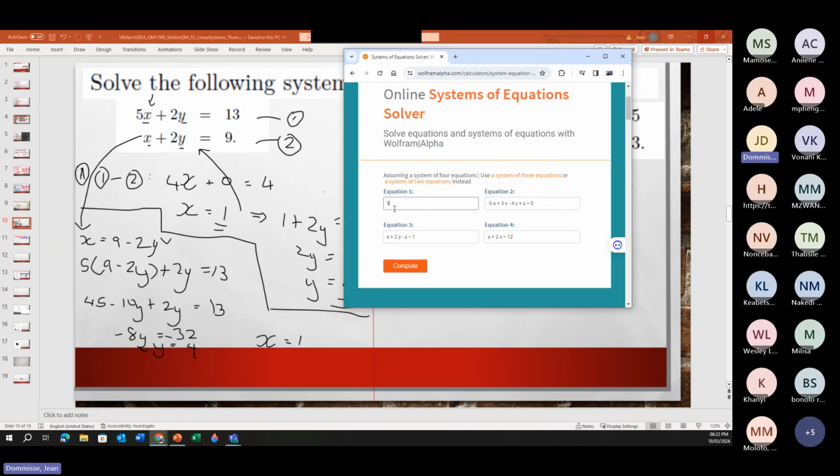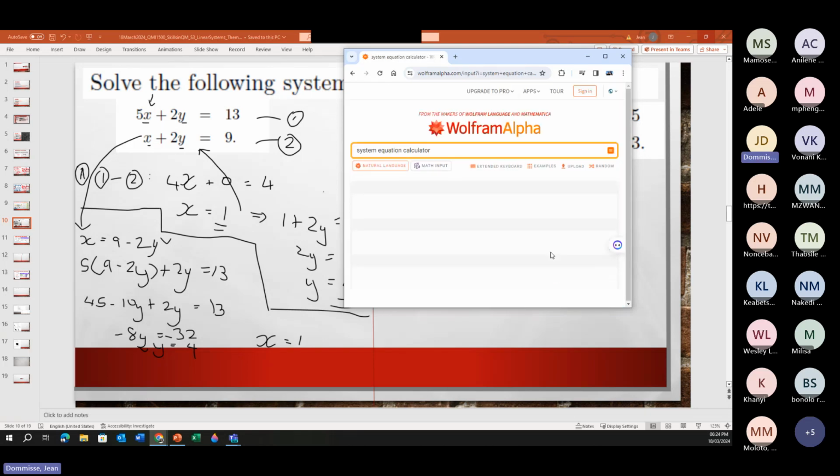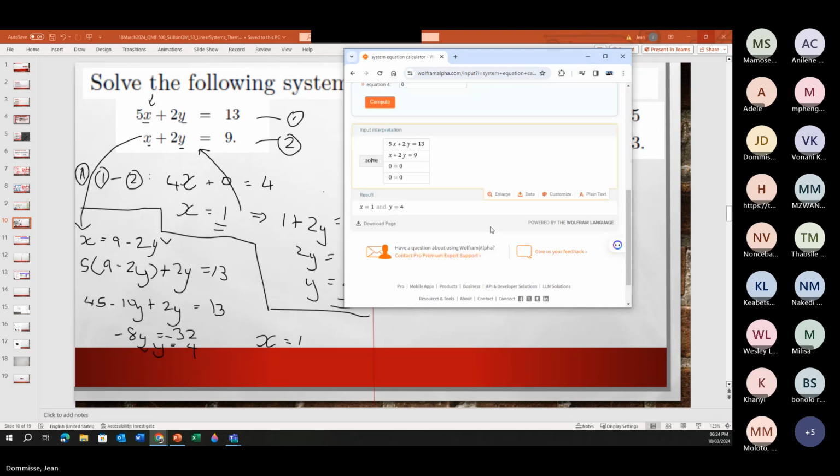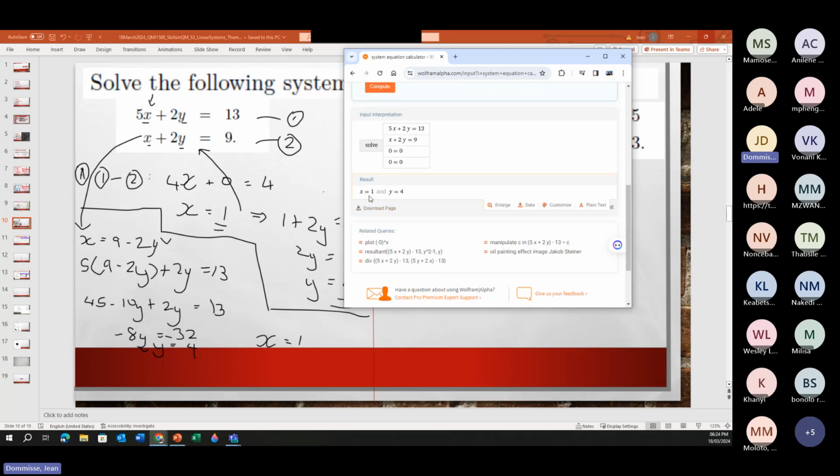So we could have had 5x plus 2y is equal to 13 and x plus 2y equal to 9. We just don't have equation 3 or 4. And when we computed it, we would have gotten the same: x is 1, y is equal to 4.